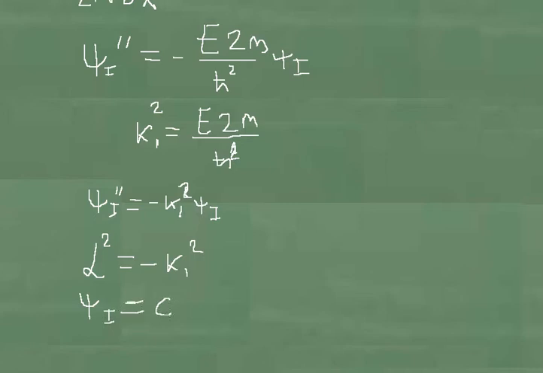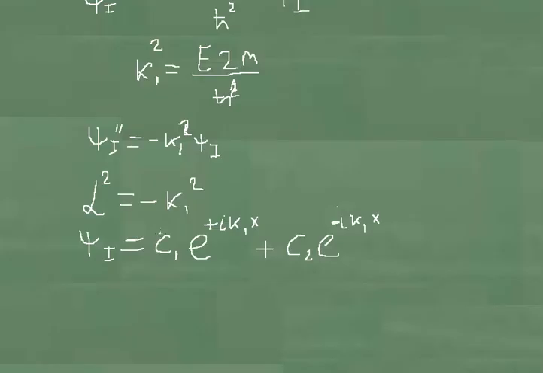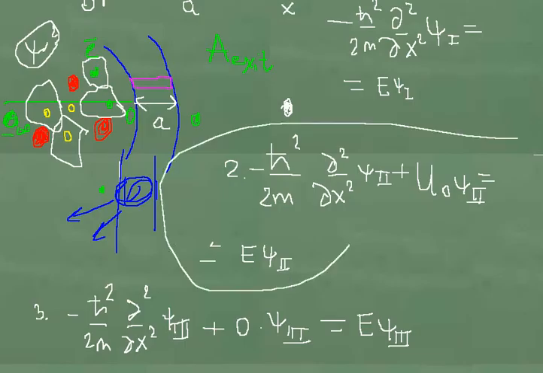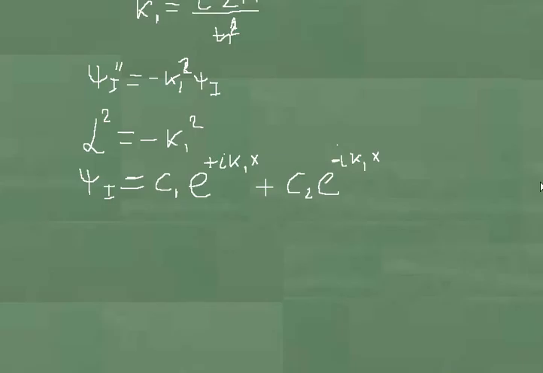This is the usual technique for solving such an equation: c1 exponent minus i k1 x plus c2 exponent i k1 x. The sign can change, it's not so important. And now, what have we seen? We have seen the solution of this equation. Okay, and next, let's use the second equation written in this form.